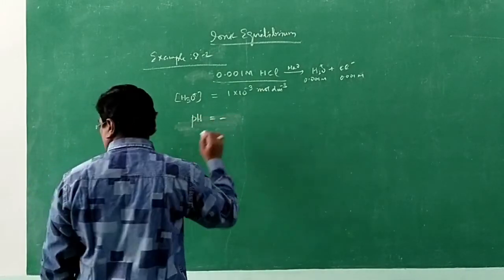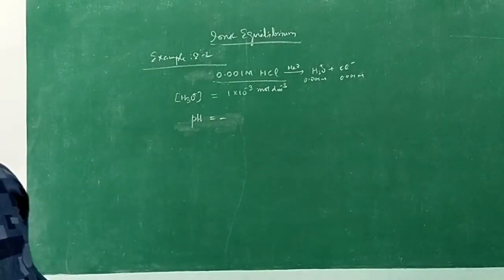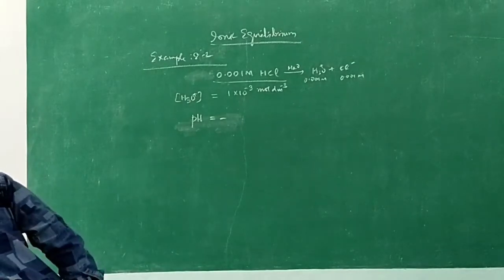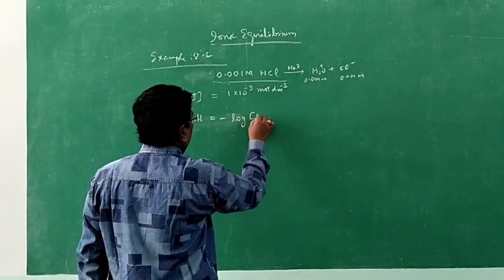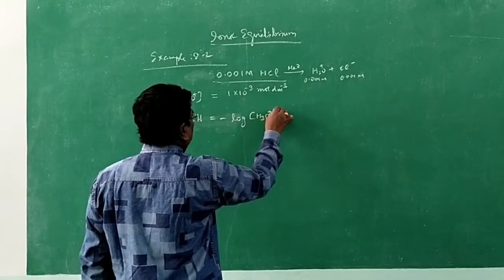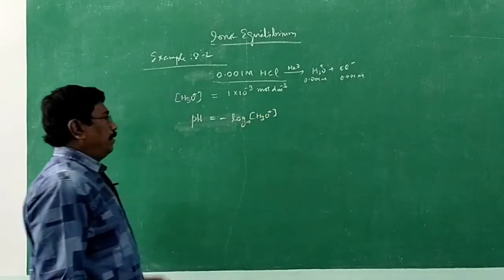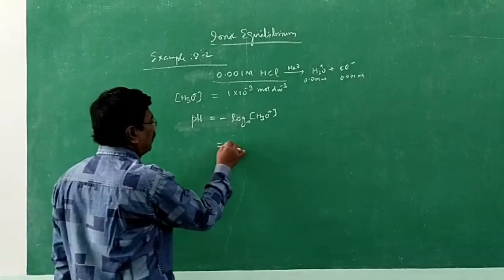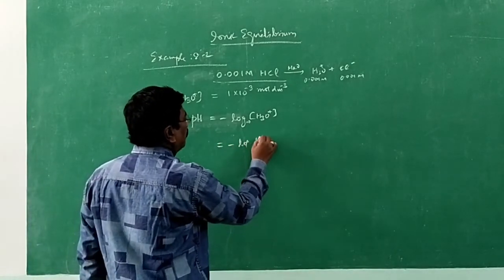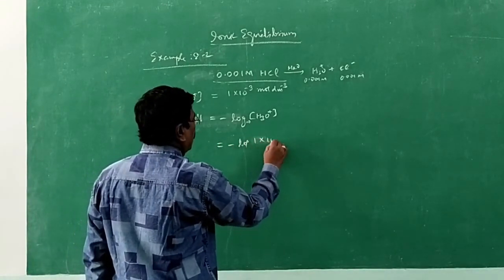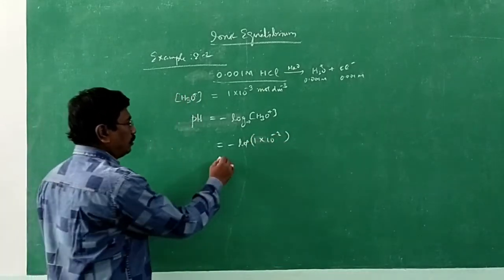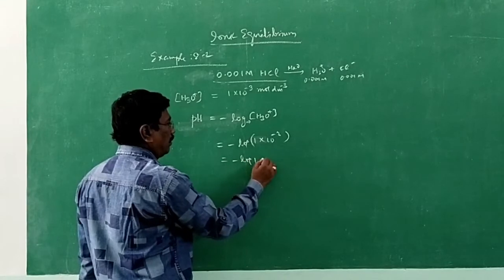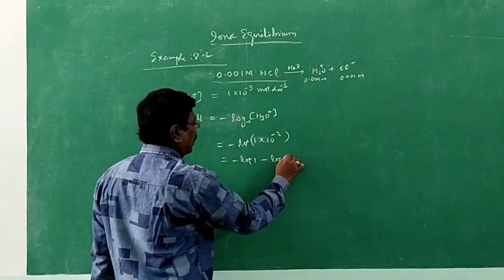pH is equal to minus log to the base 10 of hydrogen ion concentration, that is, minus log hydronium ion concentration. That is pH. All right. So, minus log of 1 into 10 power minus 3, or simply 10 power minus 3, both are same, which is equal to minus log 1 minus log 10 power minus 3. How?